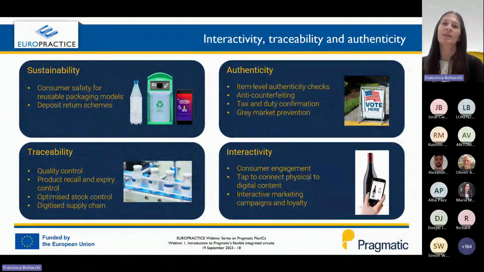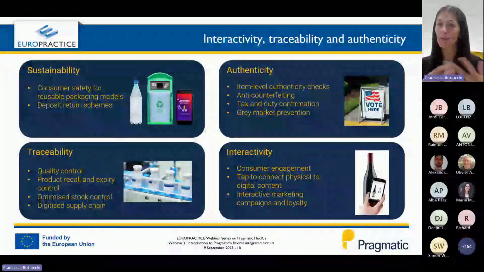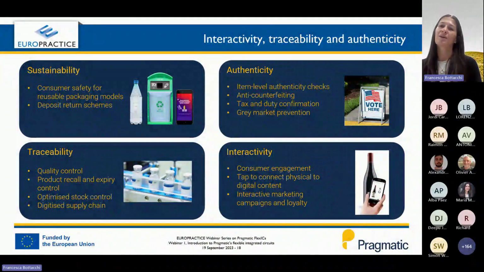And then for the authenticity, you can add a tag to make sure that your item is authentic, is not being tampered with, to reduce counterfeiting and to prevent the gray market. And of course, for tax and duty confirmation, you can make sure that your item is really genuine.